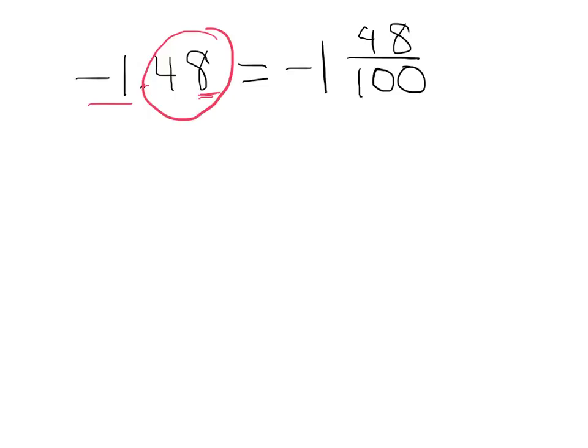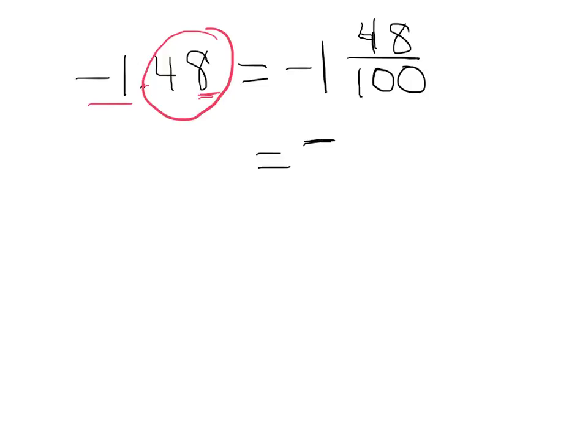Sorry, it looks a little bit like 9. Let me fix that for you. Okay. There we go. All right, so I have negative 1 and 48 hundredths. So now I need to write that as an improper fraction. So to get 1 whole, I had to have 100 pieces. So I'm going to skip right to adding that 100 pieces to 48.